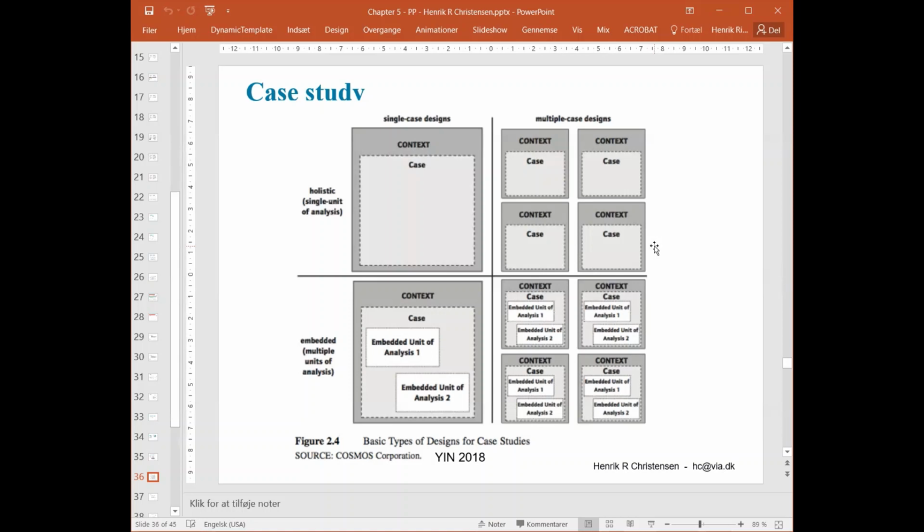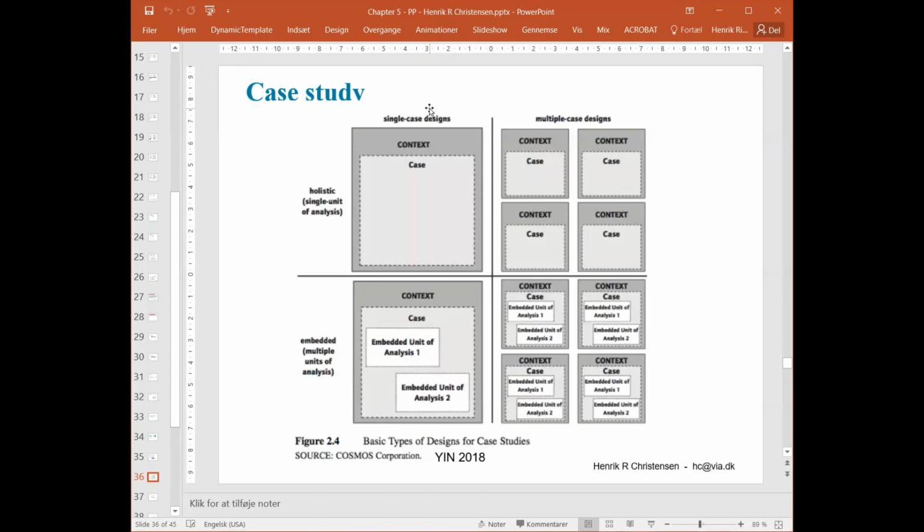So the thing here is, when you have a case and you have a project, in most cases it's a good idea to investigate, does it make sense to define a case study? And then should it be a holistic single case, or a holistic multiple case, or embedded multiple or embedded single case?